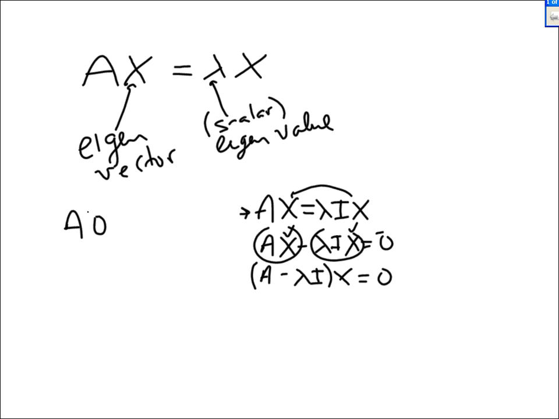And any scalar times the 0 vector is the 0 vector. But we don't want x in the equation at the very top to be the 0 vector. It's just a rule. And we don't want x to be the 0 vector.